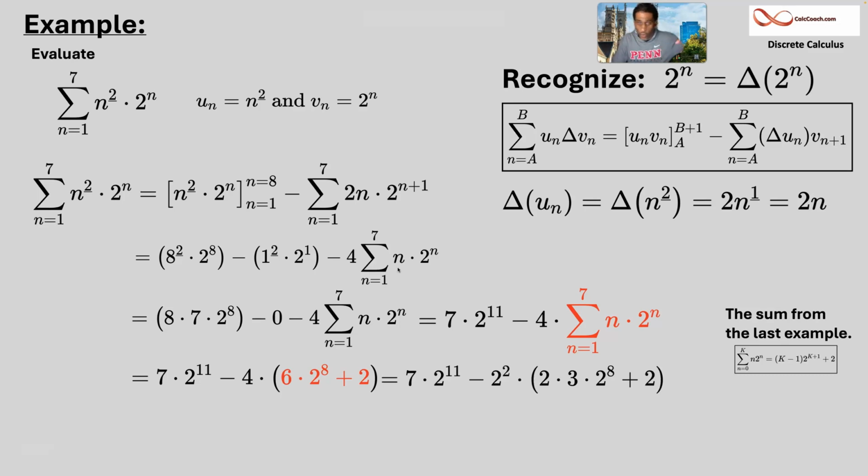And so rewriting 4 as 2 squared, we see that we have 11 powers of 2 in the second term as well. And so we're going to factor out that 2 to the 11. From the first term, we're left with a 7. From the middle term, we're left with a minus 3. And then the 2 squared multiplied by the plus 2 there, that's just going to be a 2 to the 3.